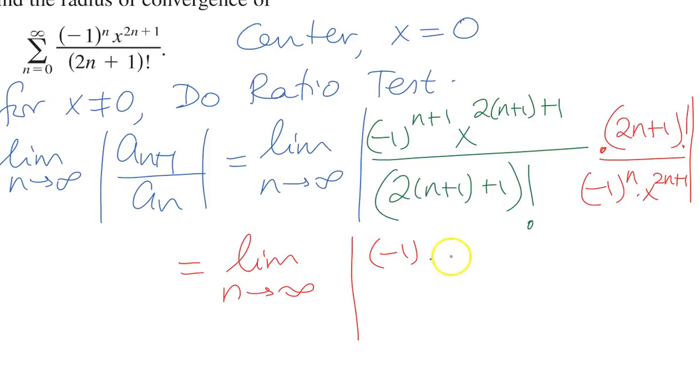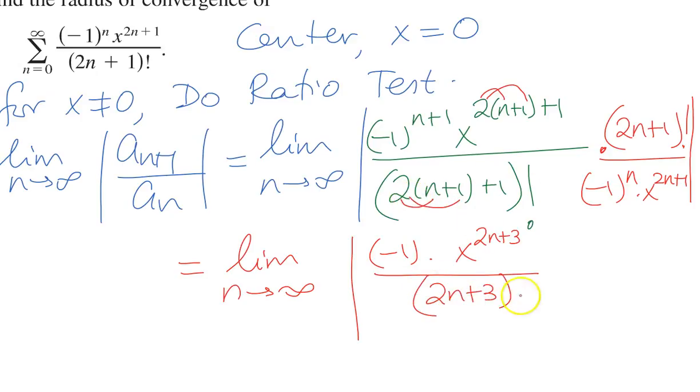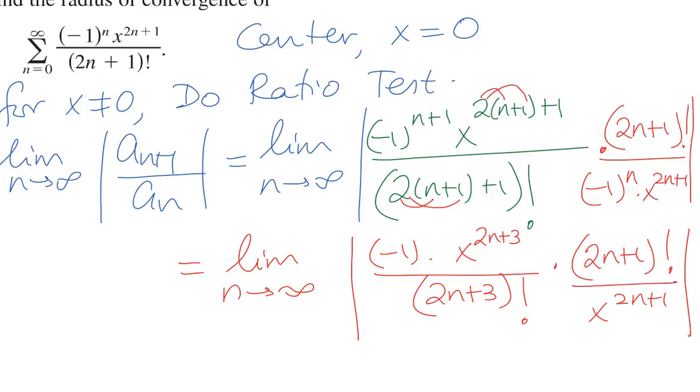Now when you tidy this up, this is going to be x to the power 2n plus 2 plus 1 outside, so that's 2n plus 3, over 2n plus 3 factorial. And here 2n plus 1 factorial. Now we cancel the negative ones, so you get x to the power 2n plus 1.